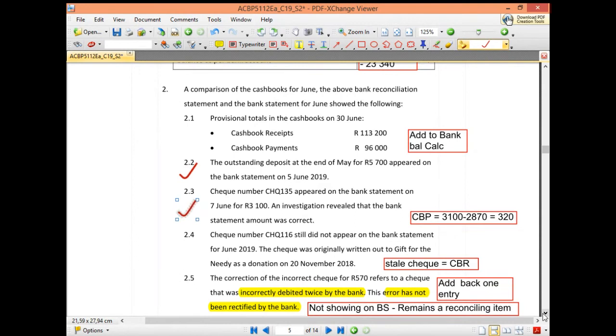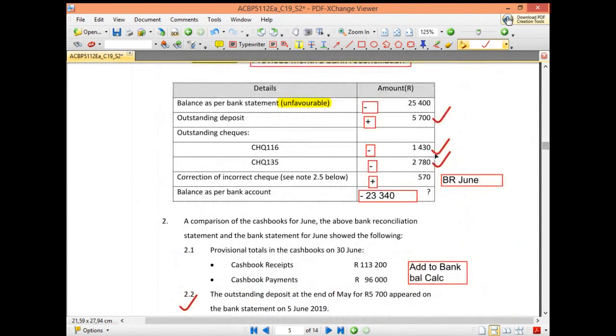So if we've issued it in November, December, January, February, March, April, May, June, it's 7 months has already passed. A check is stale if it's older than 6 months. So we need to reverse that check and take it to the cash book receipt. So initially we would have shown it as a cash book payment, but to take it out, we do the opposite.